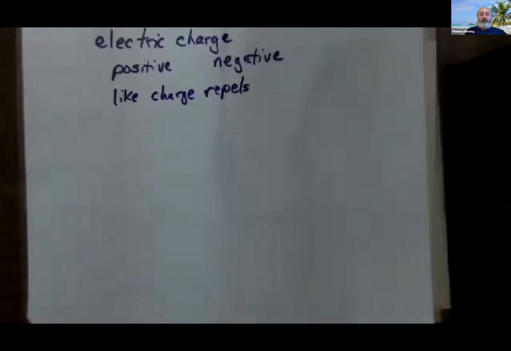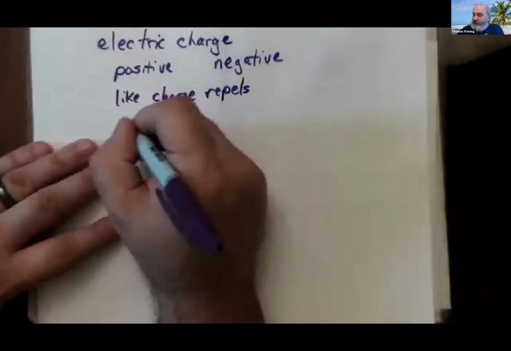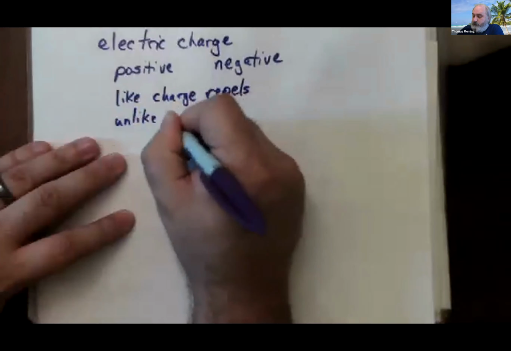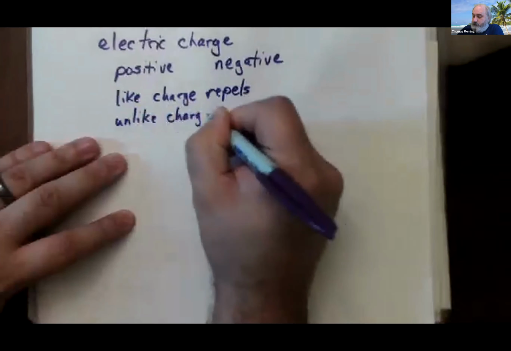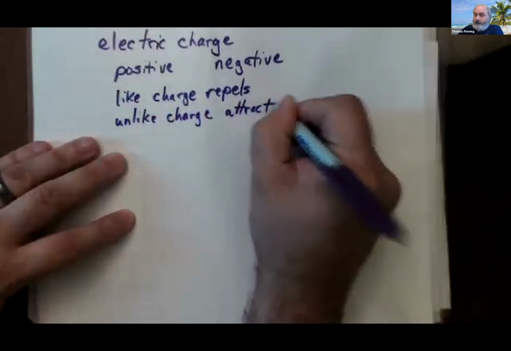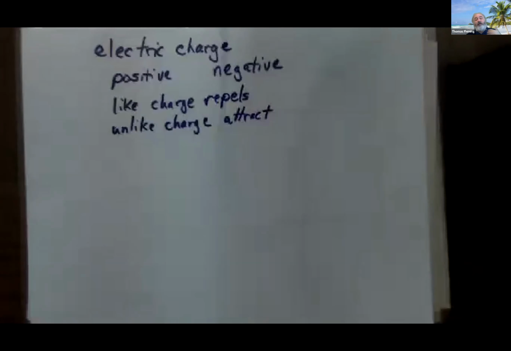We'll learn about magnets in chapter 22, but it's similar in that like charges repel and unlike charges attract. Again, everybody coming into this class already knows that. They just may not know the details of that repulsion or attraction. And that's what we're going to delve into.